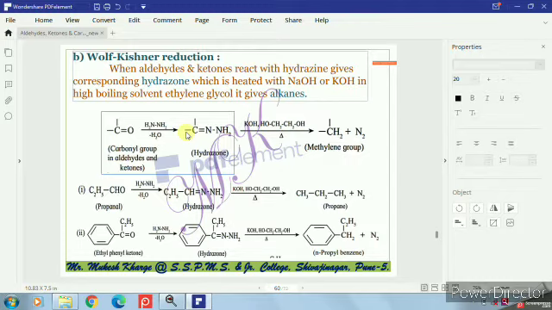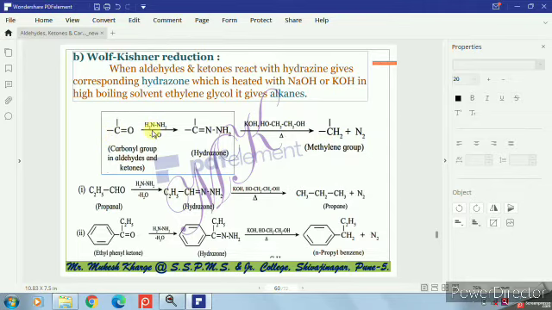When hydrazine reacts with carbonyl compound, it gives hydrazone as a product, which on heating with NaOH or KOH in presence of solvent such as ethylene glycol, what we get? CO gets converted to CH2. So again we get a methylene group instead of C double bond O.